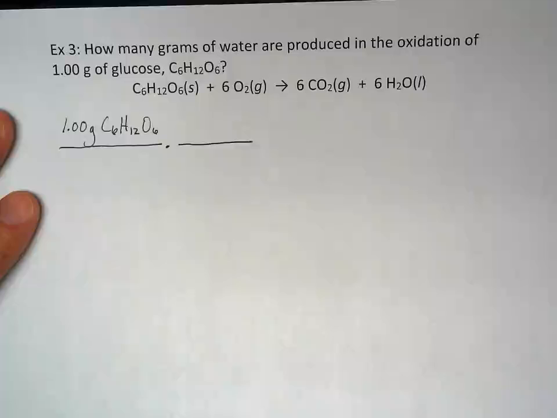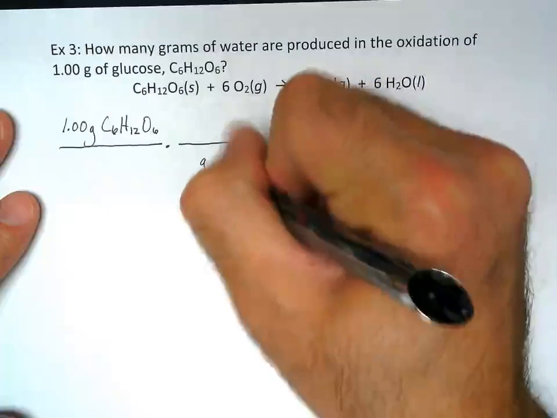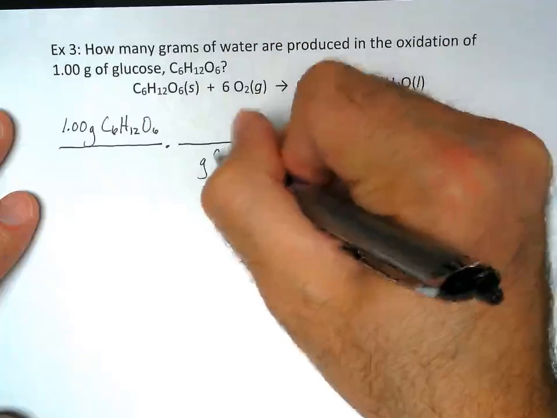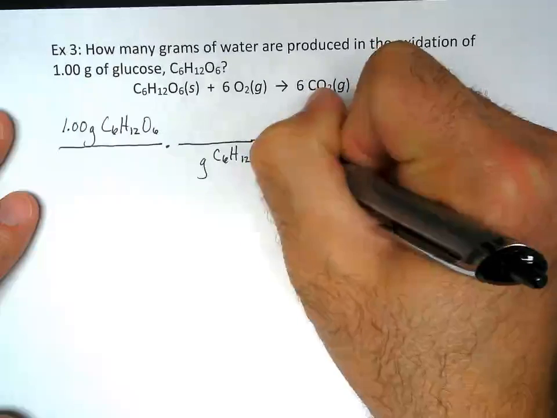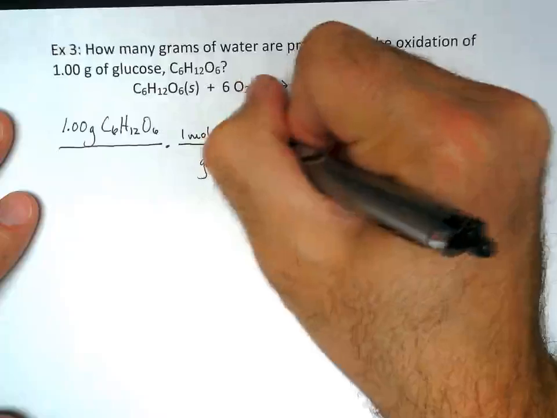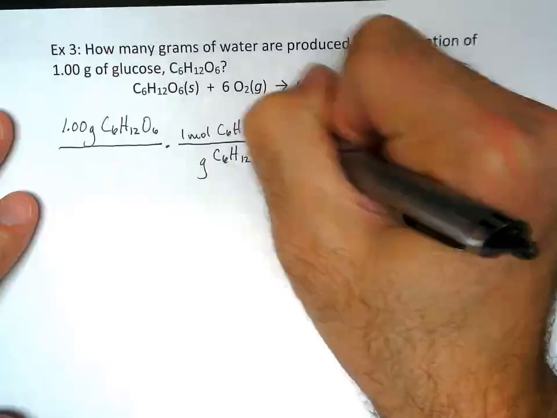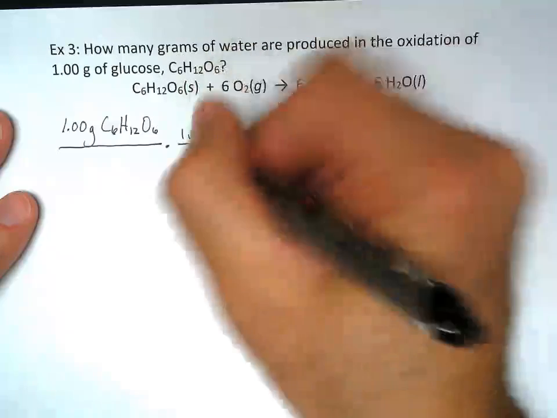What label goes on the bottom of our next step? Grams of glucose, right? And what am I turning that into? Good, moles. Okay, so the formula mass of this is 180.